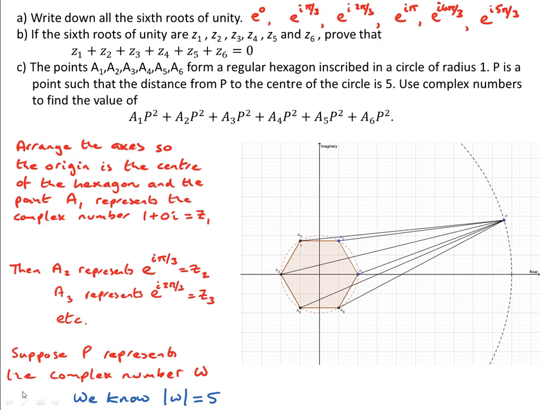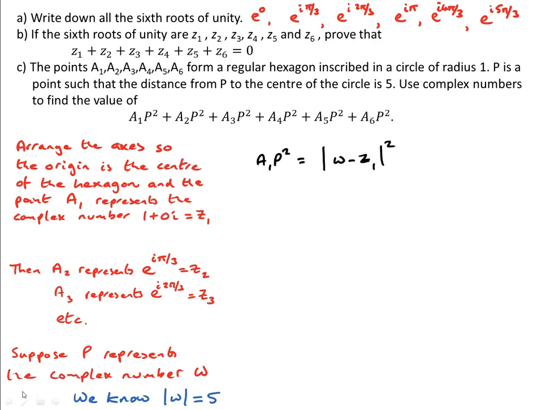Now let's start by having a think of what we can do with A1P squared. A1P squared is the distance between A1 and P, squared. P is represented by W, A1 is represented by Z1, so A1P squared is the same thing as the modulus of W minus Z1, squared.